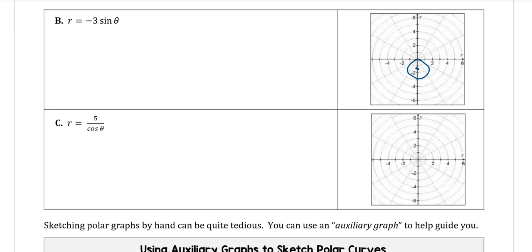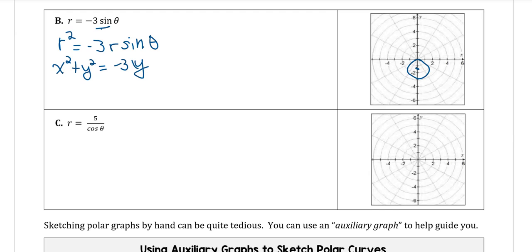Okay, so to convert this, I'm going to multiply. I need to get an x and a y in this somehow. So I'm missing an r here on this side. So I'll multiply both sides by r. So now I have x squared plus y squared equals negative 3y.